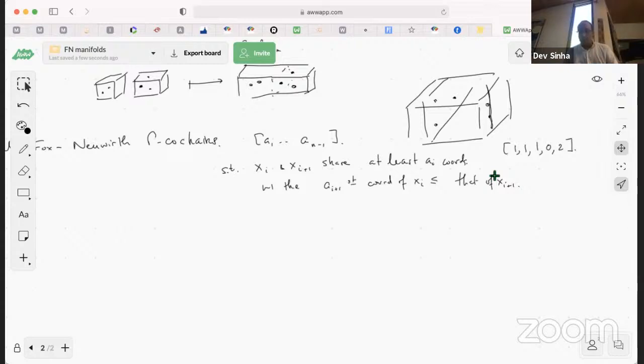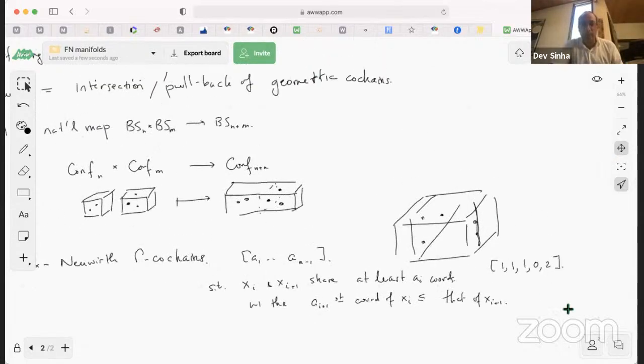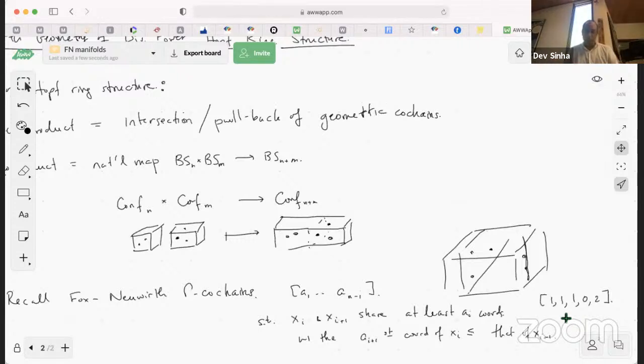I claim that the natural map, of course, for geometric cochains is also pullback. And really what we should say, instead of pullback, let me be consistent with a choice of notation and call this fiber product. The fiber product is what I mean over the base manifold.